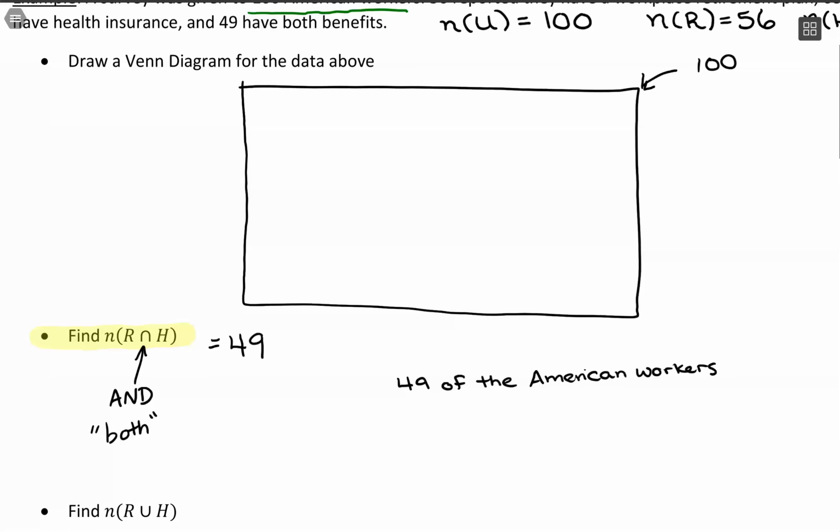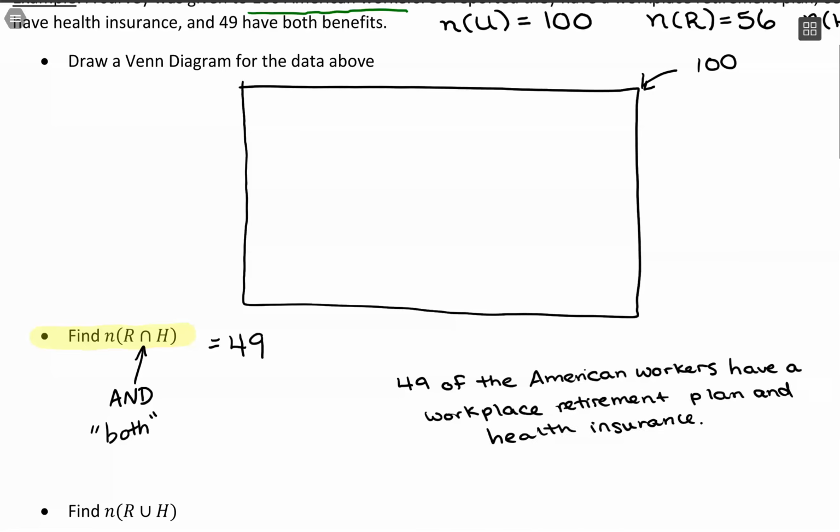So 49 of the American workers, and this idea of having both, so we could say have a workplace retirement plan and health insurance.